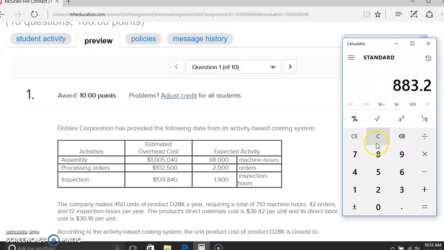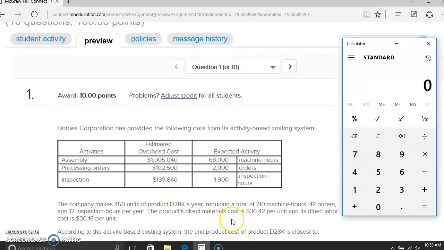All these together are just our overhead cost. So that's 10,493.80 plus 2,152.50 plus 883.20, so our overhead is $13,529.50.